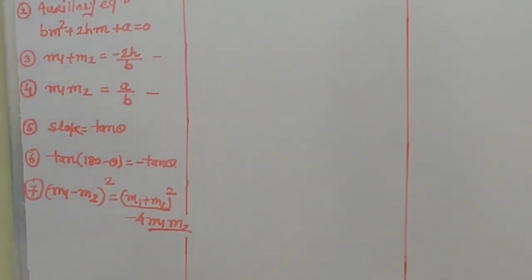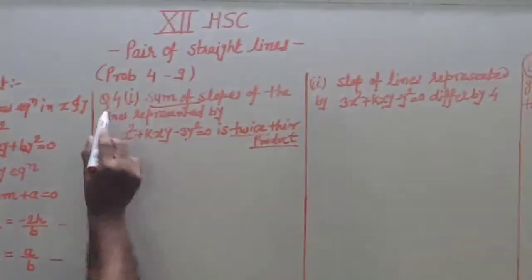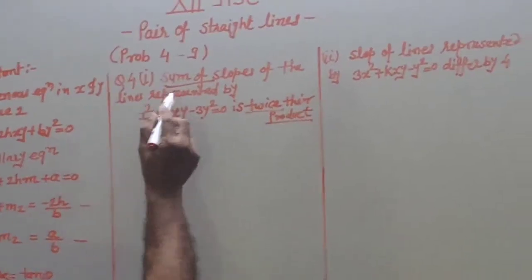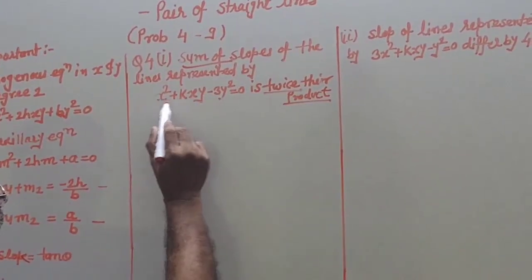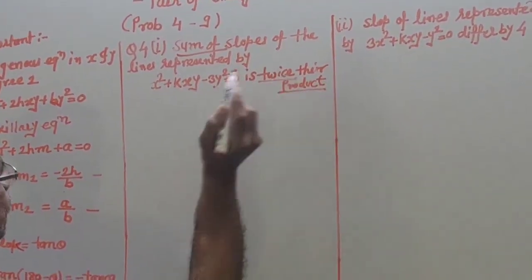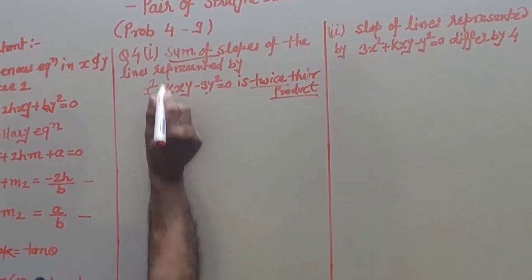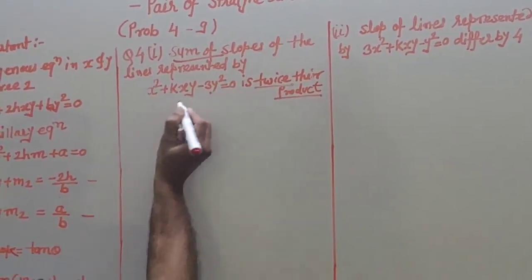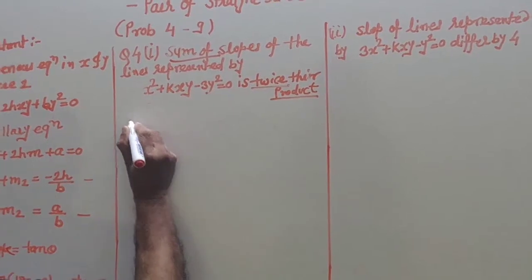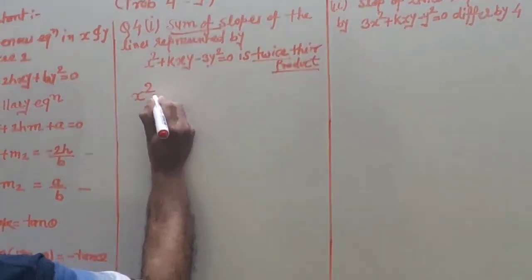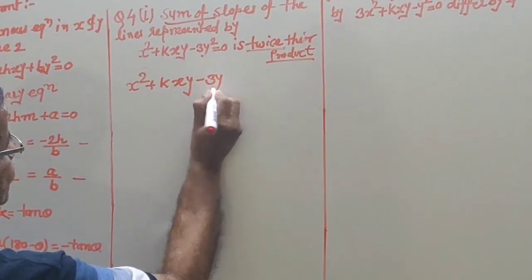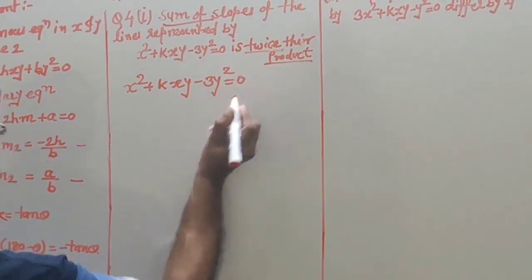Okay, now we are going to solve the first problem of question number 4, in which the sum of the slopes of the line is twice the product. Means the condition is given: sum is equal to twice the product. So first you have to find the sum and product of the given equation. Compare this equation with the homogeneous equation.